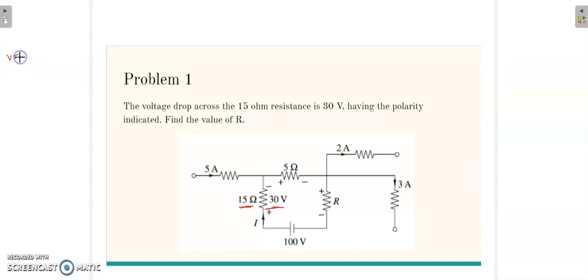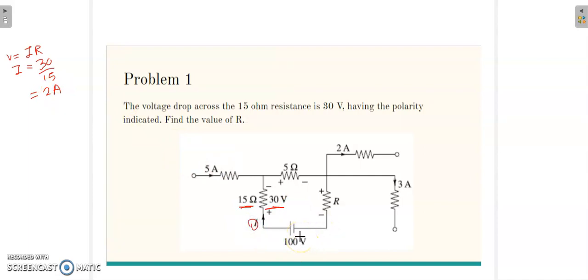With this relation, we can find out the current flowing through this resistor of 15 ohm: I is equal to V by R, which is 30 volt upon 15 ohm, that is 2 amperes. So we have got the value of current flowing I, which is equal to 2 ampere.